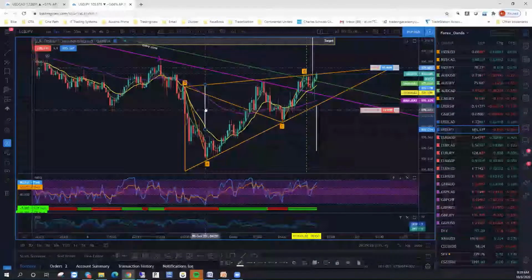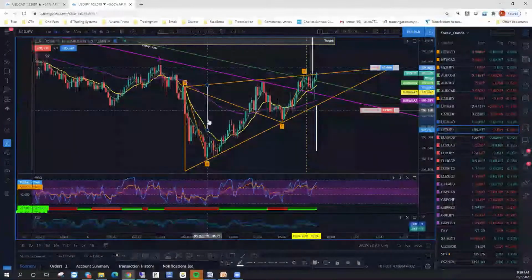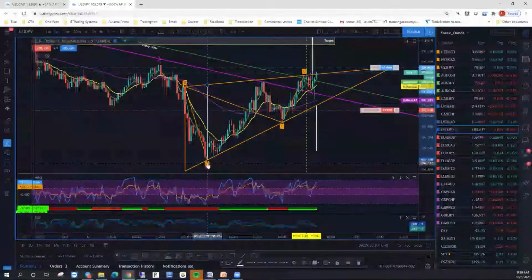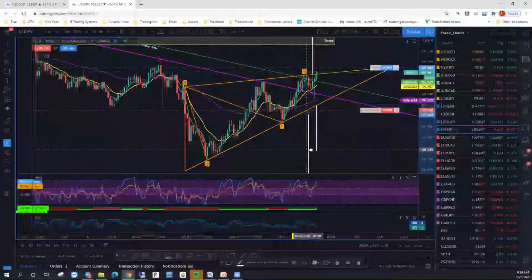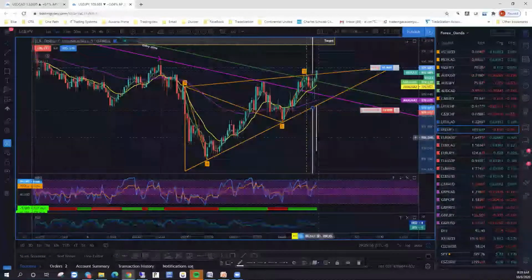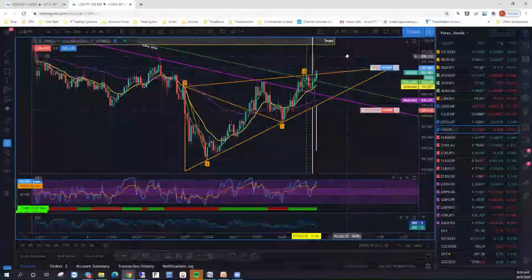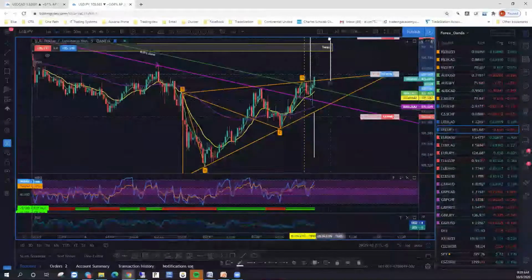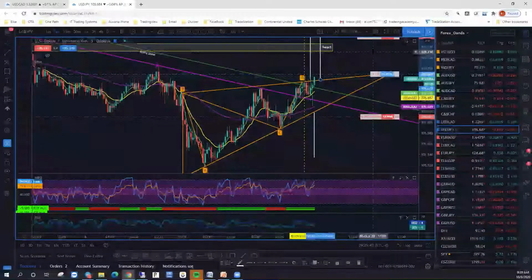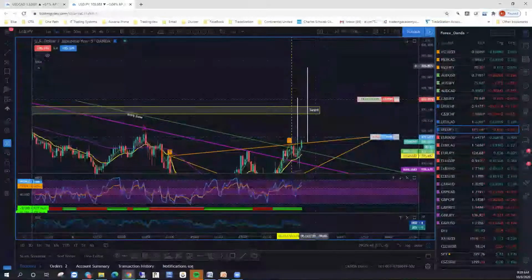So put it above where the A is, and this is going to give you a little bit larger target. Here's target 1, here's target 2.